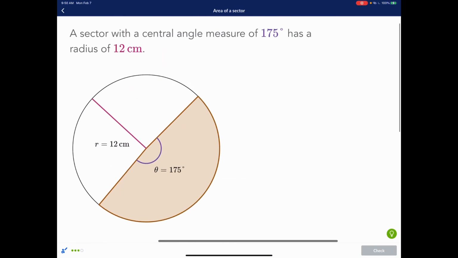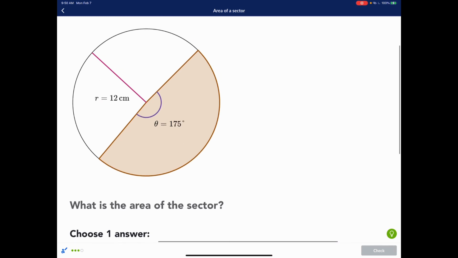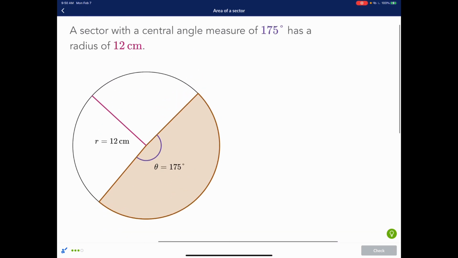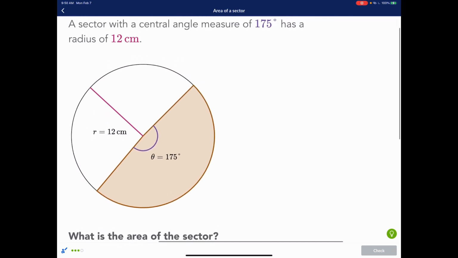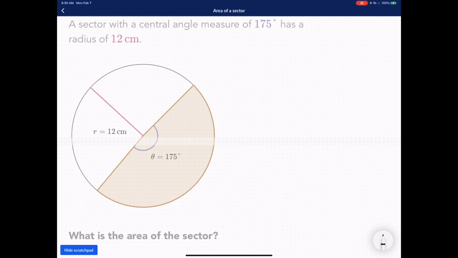Good. All right. So let's take a look at this one. And this, I think, will be my last question, because I think I did enough for you guys to get a hang of this. All right, so let's take a look at a sector with the central angle measure of 175 degrees, has a radius of 12 centimeters. I want to find the area of this entire sector, so this shaded section.